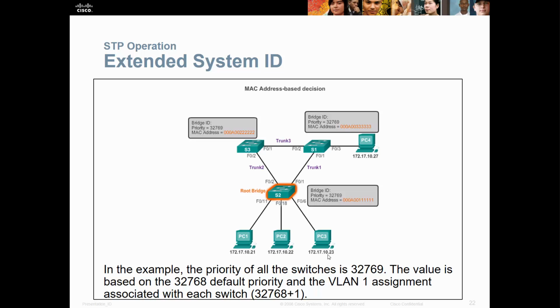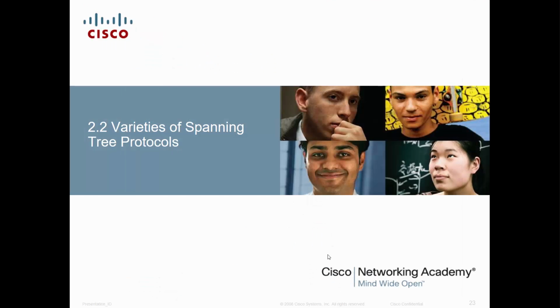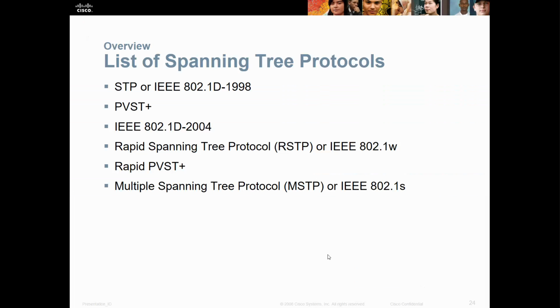So, is there more than one type of spanning tree? Area 2 is all about the different variations of spanning tree protocol. Common ones are STP, commonly known as IEEE 802.1D, that was the 1998 build, PVST+, 802.1D the 2004 version, Rapid Spanning Tree, also known as 802.1w, Rapid PVST.